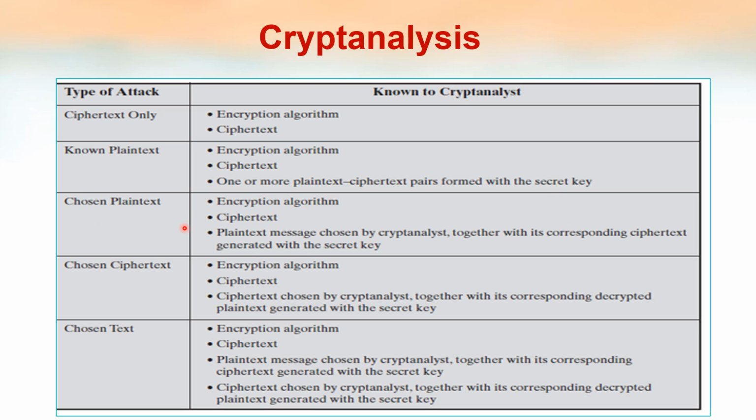In chosen plain text attack, a plain text message is chosen by the cryptanalyst together with its corresponding ciphertext generated with the secret key. In chosen ciphertext, the ciphertext is chosen by the cryptanalyst together with the key. Chosen text is a combination of chosen plain text and chosen ciphertext types of attack.